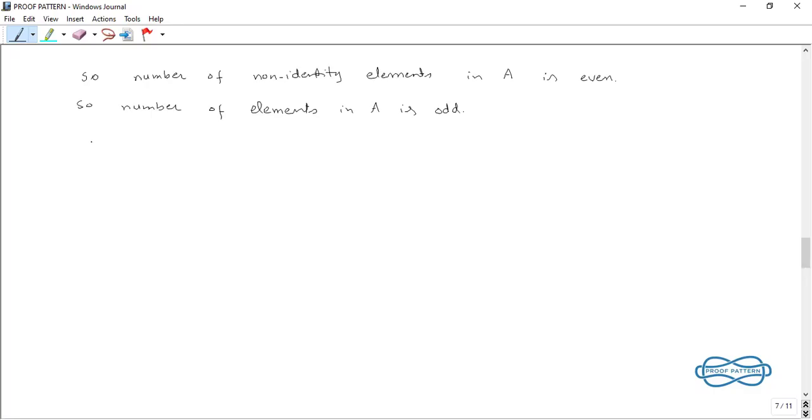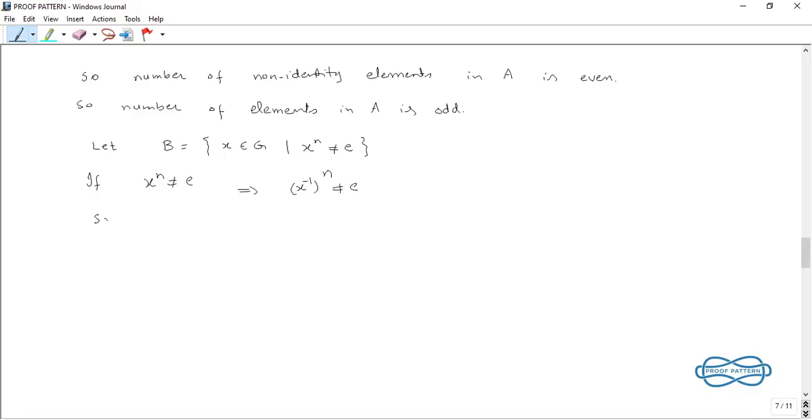Okay. Now consider another set, let B be the set of those elements of group G such that x raised to the power n is not E. And if x raised to the power n is not equal to identity, this implies that x inverse raised to the power n is also not identity.